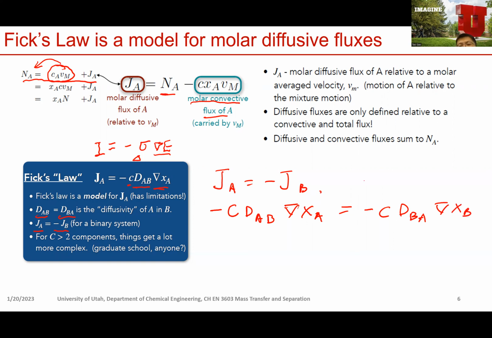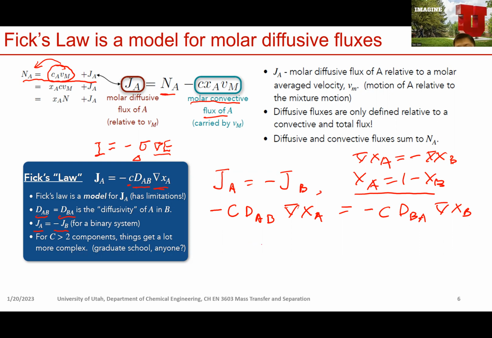And we know that XA equals 1 minus XB, right? And then we can cross out some common terms. We leave the minus sign, we leave the C, and then this tells us the gradient of XA is the minus of gradient of XB, right? And you just plug in everything.